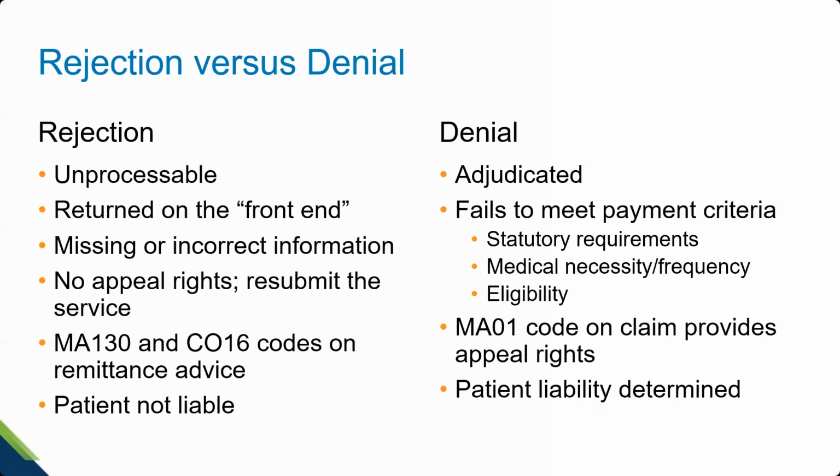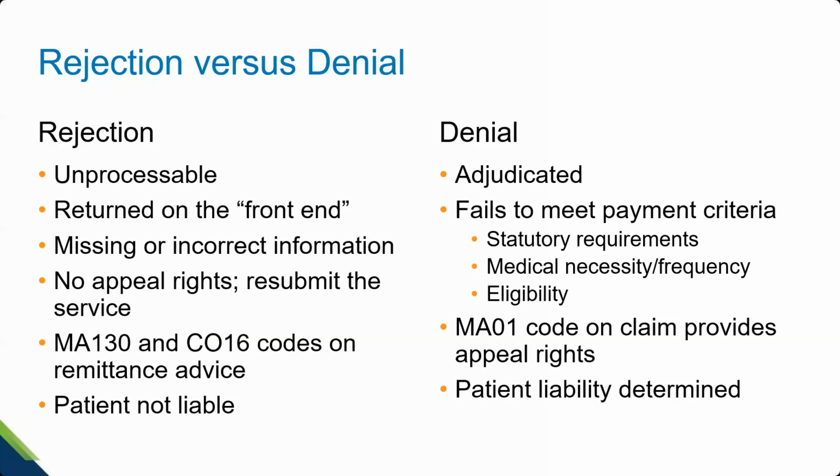Now, on a rejected claim, you will find on the remittance advice the remittance advice remark code MA130. Basically what that says is that your claim contains incomplete and or invalid information and no appeal rights are afforded because that claim is actually unprocessable. It goes on to tell you that you need to submit a new claim with the complete or correct information.